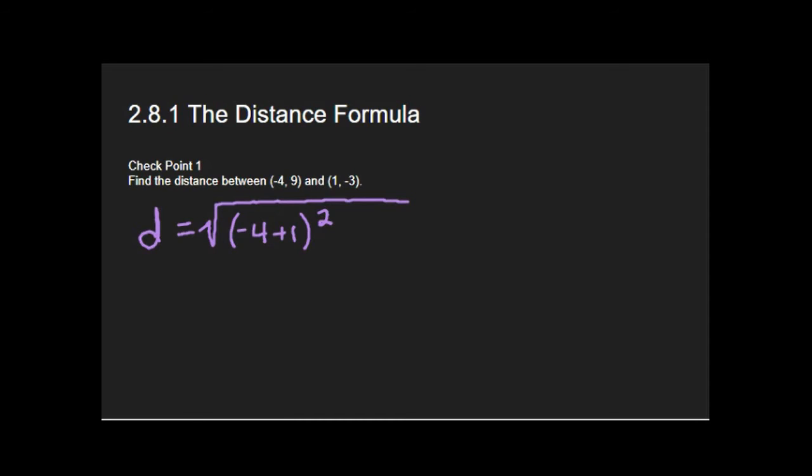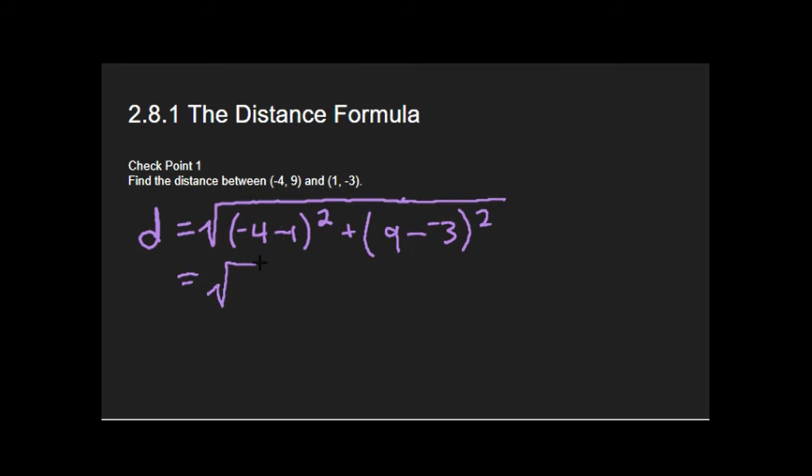I specifically told you to watch out for that, and then I made that mistake. -4 minus 1 squared plus 9 minus -3 squared. Okay, let's go ahead and solve this.